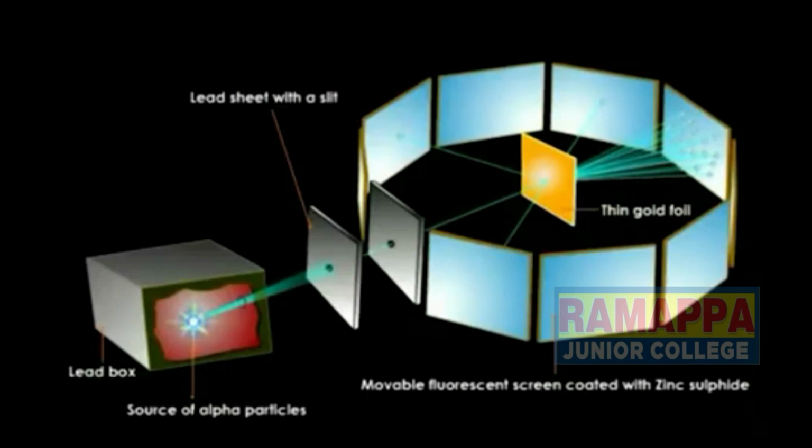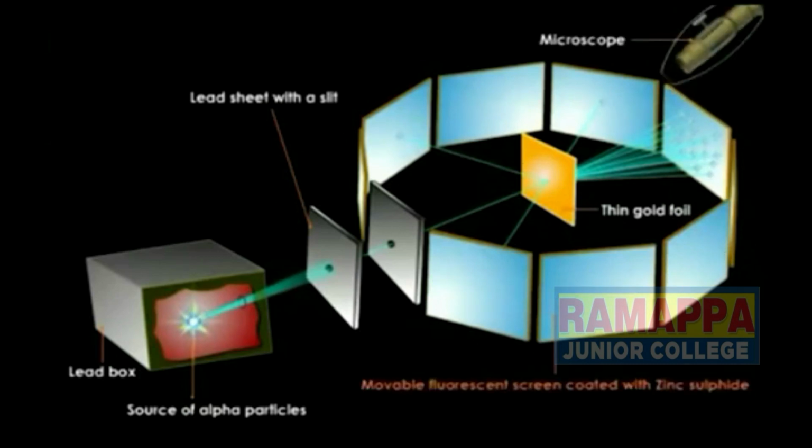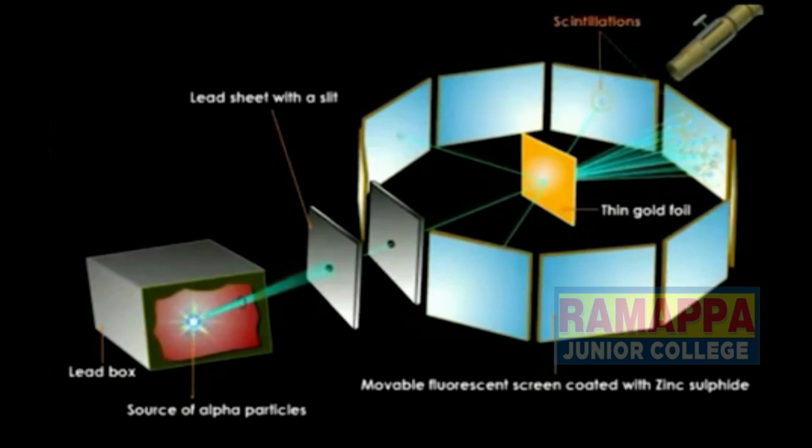When alpha particles struck this screen, we get scintillations. With the help of those scintillations, we can identify the position of alpha particles, that is, in which direction the alpha particle has traveled. A microscope was also arranged to record the position of these alpha particles.